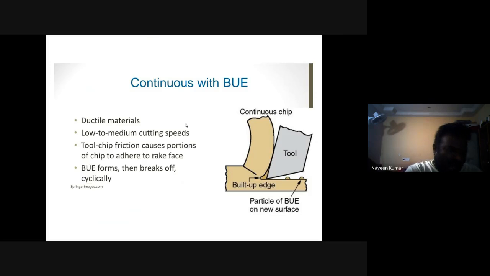At this point, tiny work particles start accumulating along the chip-tool interface as well as the cutting edge.